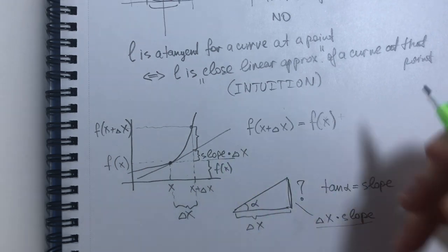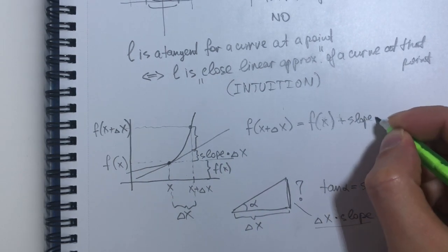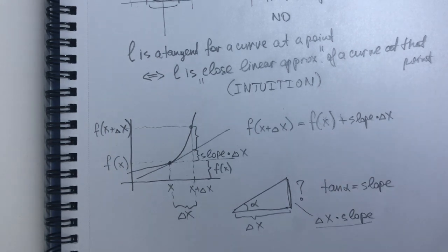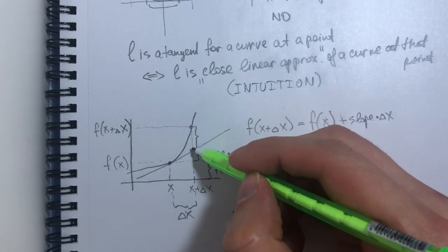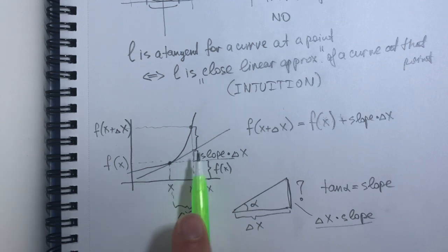So we know this increment now, so we can add it onto here, slope times delta x. And what happens with this guy? Well, notice that as I decrease delta x, this small increment decreases in the same way, right? The slope is constant. So as I decrease delta x, this increment decreases by the same magnitude.